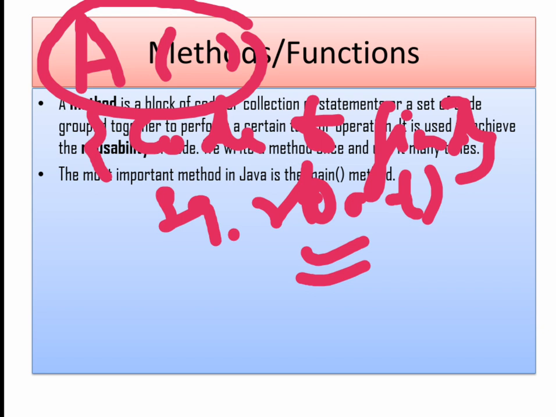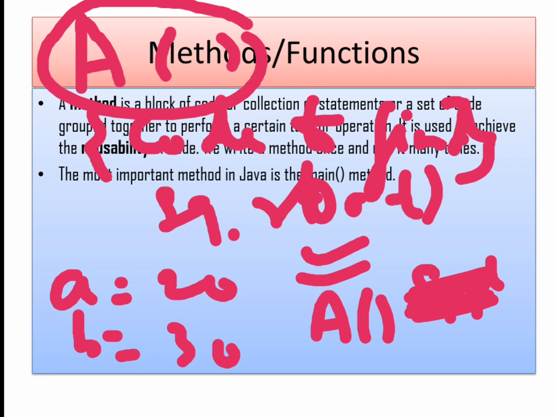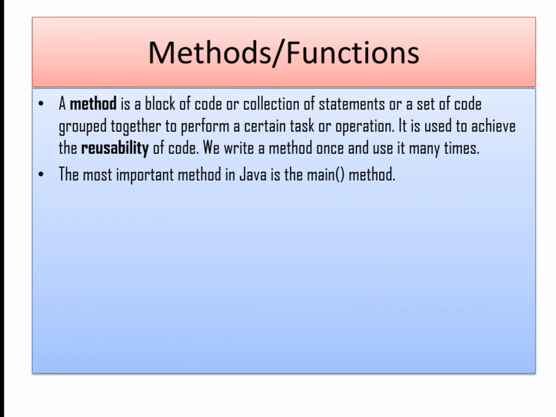Now suppose A is equal to 20 and B is equal to 30. If we need the square root of 20, we just need to call A with the value 20. I hope that part is okay. A is a method that stores the code used to find the square root.